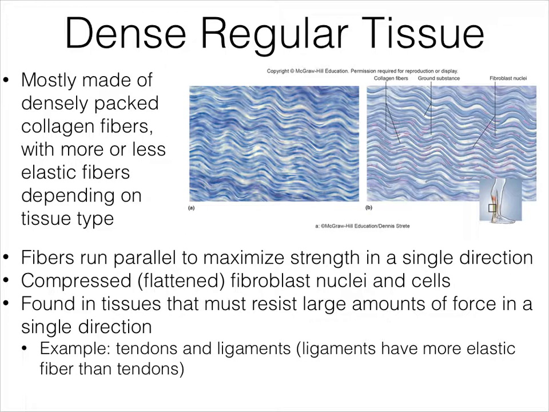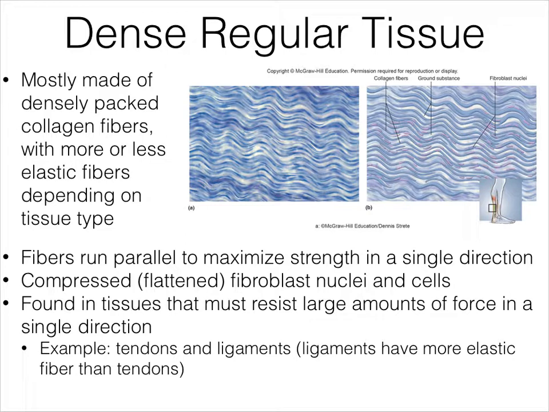Regular means that all of, or most of, the collagen fibers are headed in generally the same direction, right? So you can see here in this tissue, these are the collagen fibers, and they're all going pretty much parallel to each other. It's dense, so you don't see very many cells. This is a cell, this is a cell, there's a cell here, a cell there, but it's mostly extracellular matrix.